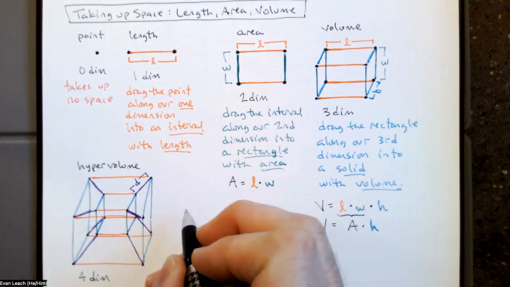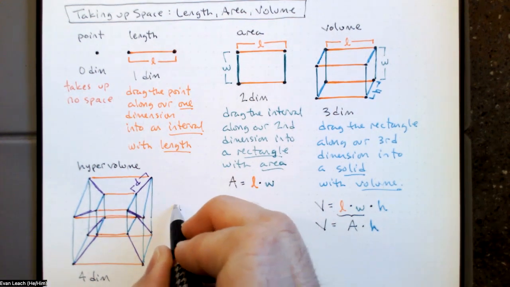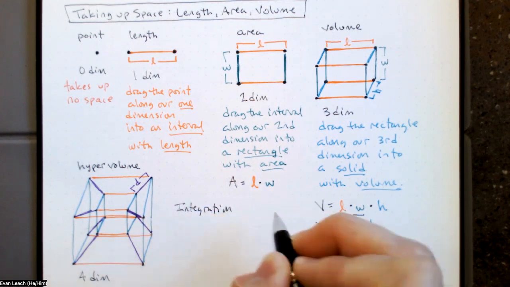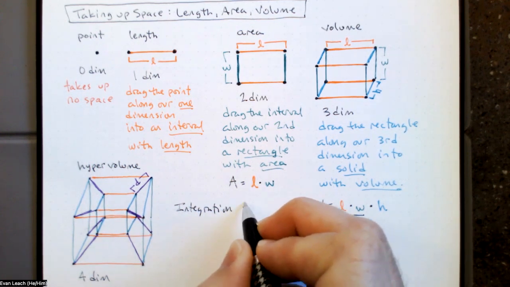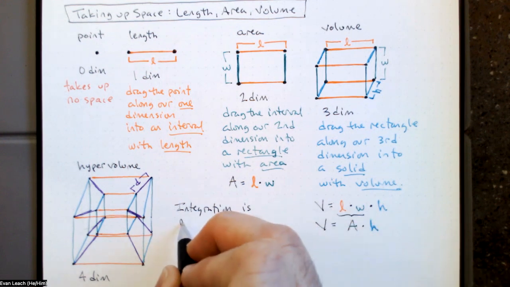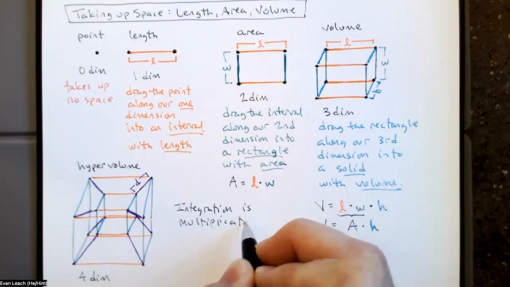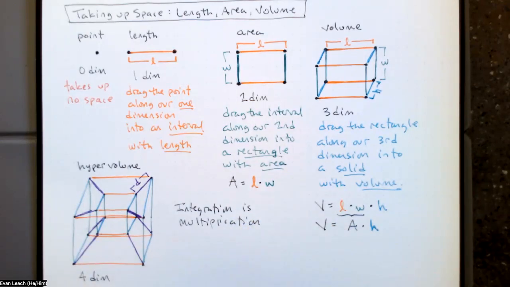So in calculus, we start doing integration. And integration is multiplication where one of the factors is continuously variable.